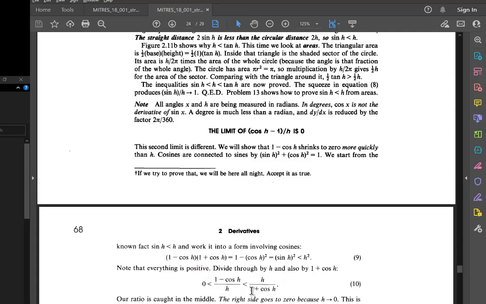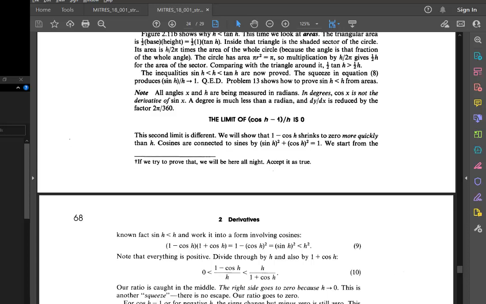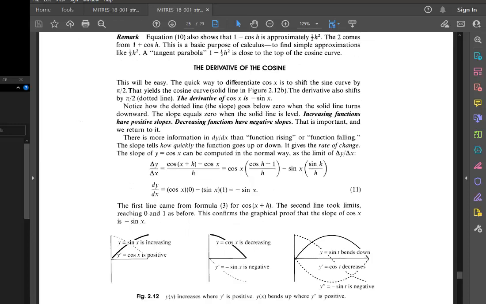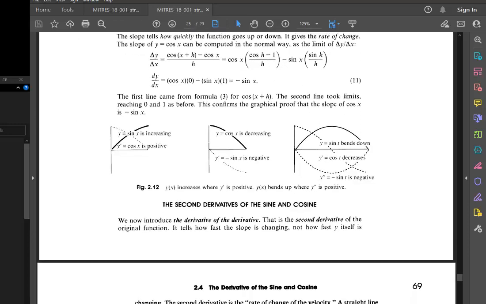Rearrange that and you get this identity, and then you take the limit as h goes to 0. Now, of course, when h goes to 0, this numerator goes to 0, this denominator does not go to 0. So here we have a numerator which is 0 over non-zero, which is definitely a 0 limit. So what's in the middle here is 0. So this is called a squeeze argument. He does the same thing for cosine.